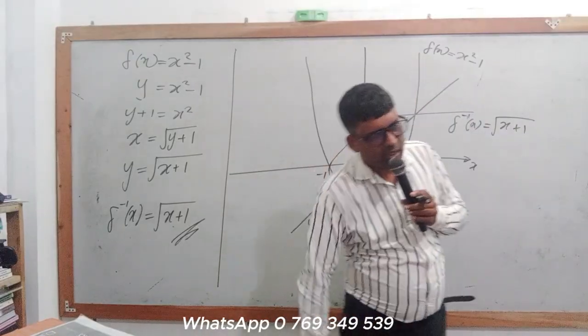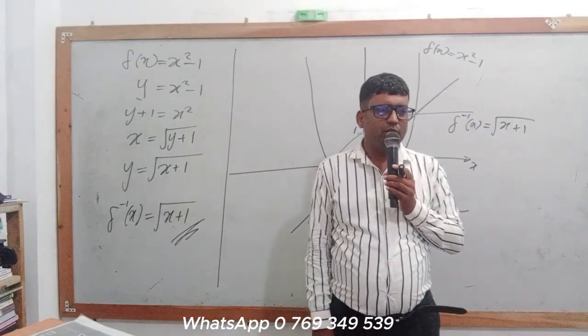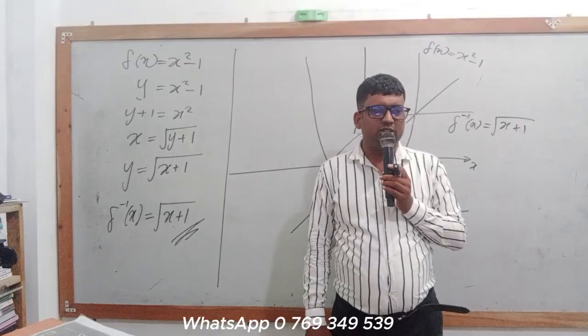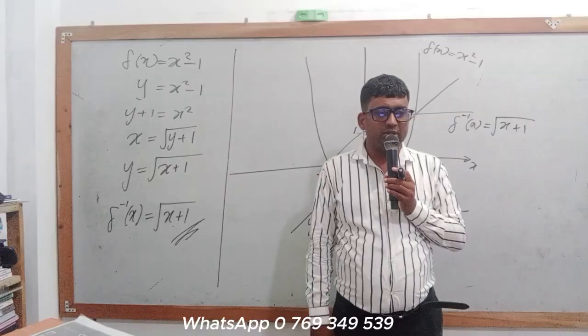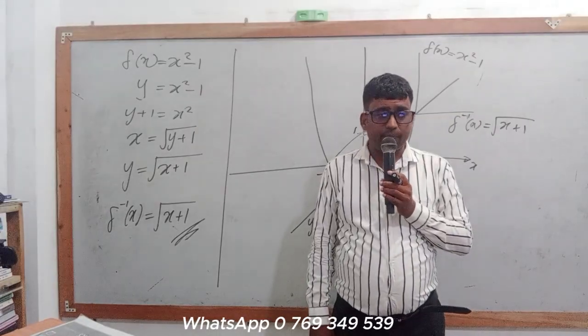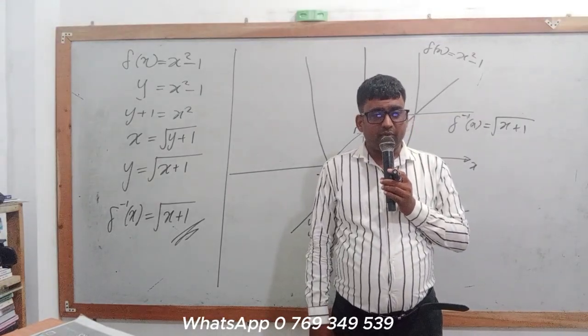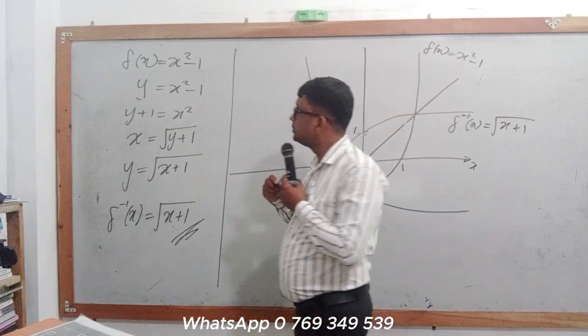Fourth one. When 2x^4 plus kx cube plus x minus 5 is divided by these things, if there are no terms in x square in the remainder, find the value of k.